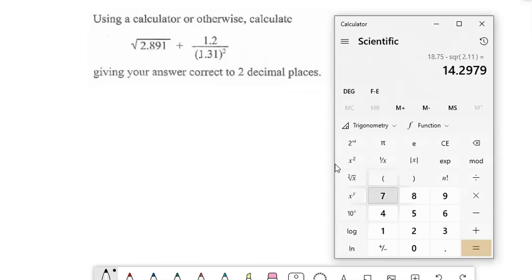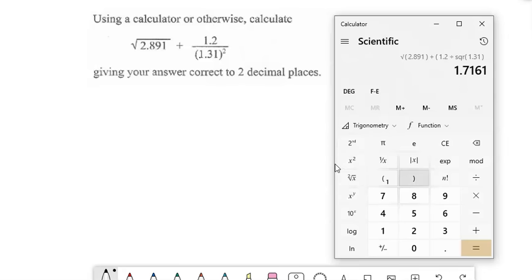So first, square root of 2.891, 2.891. Press the square root button. Then you add, and since you're adding this whole thing, put it in a bracket. In brackets, 1.2 divide by 1.31 squared.